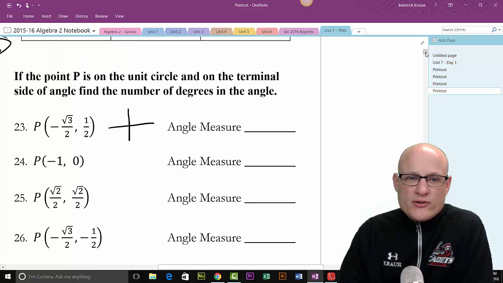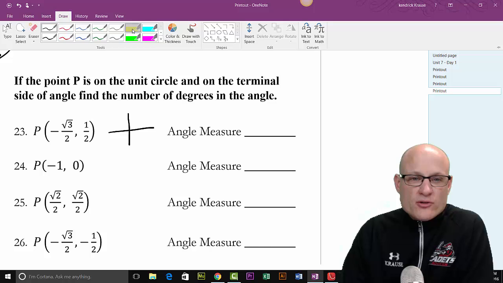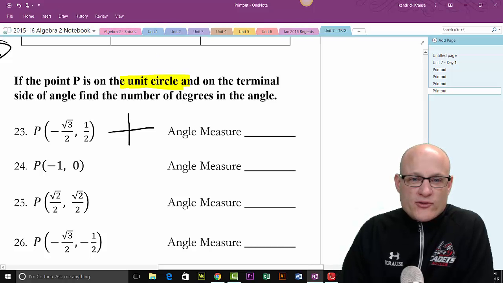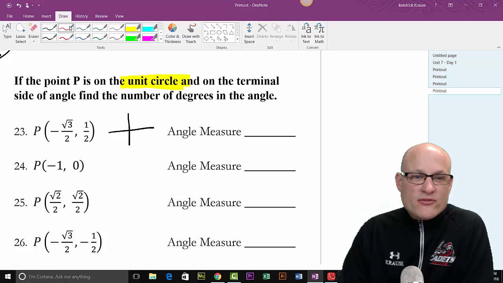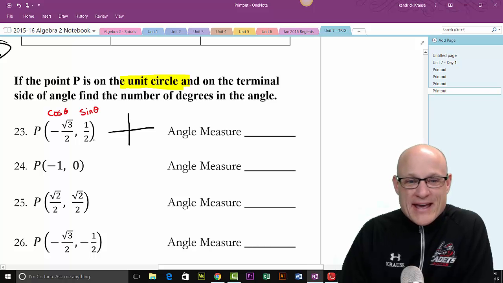Let me highlight that. Unit circle. And because it's the unit circle, the x value represents cosine, and the y value represents sine of theta. Now, when cosine is the square root of 3 over 2 and sine is 1/2, this is a 30-degree angle. I got to know that one.